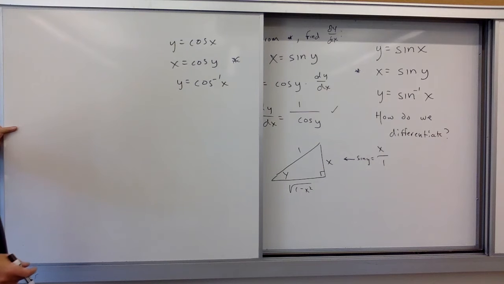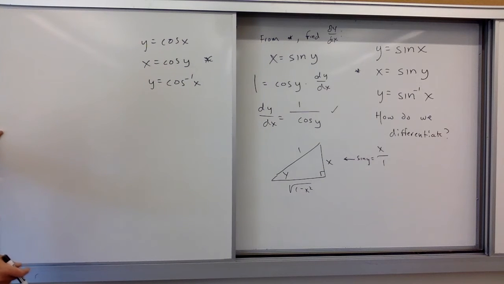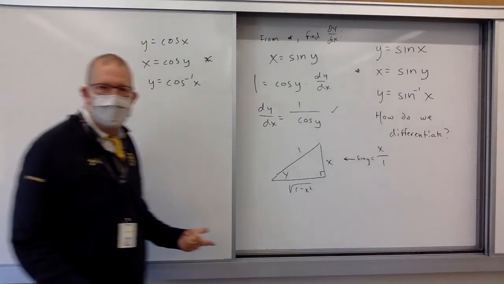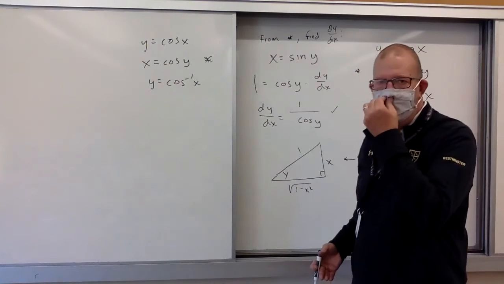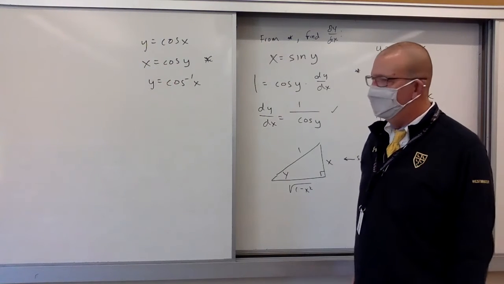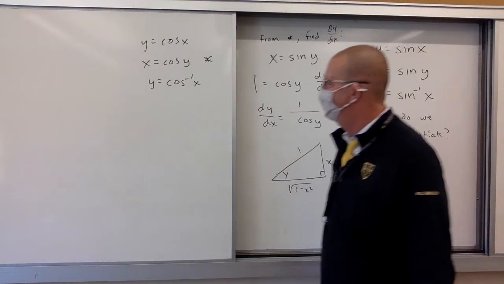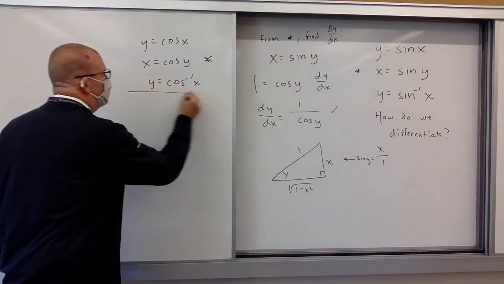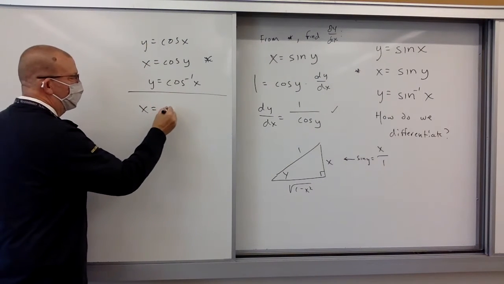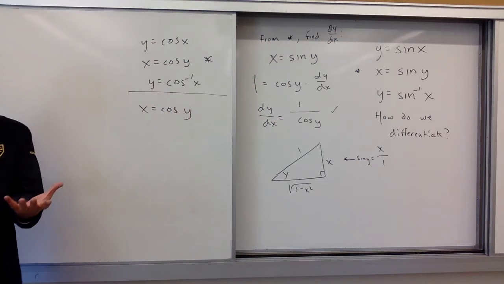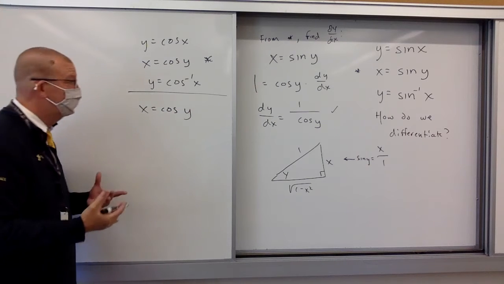I'll leave this right there so you can see the template for the solution. But let's think about how this will solve. From the starred step, x equals cos y. Let's do our derivative with respect to x.